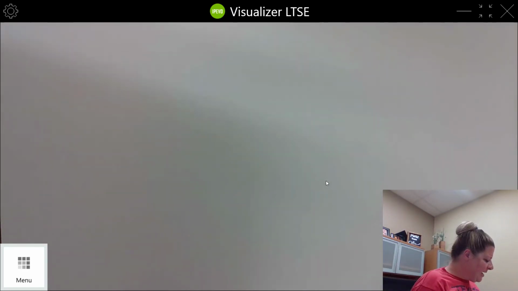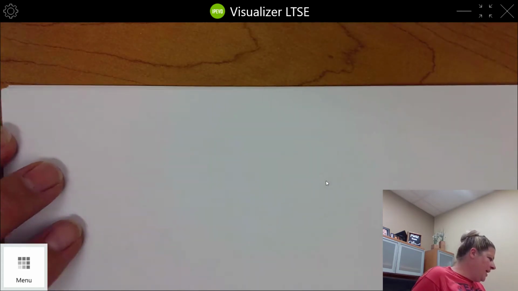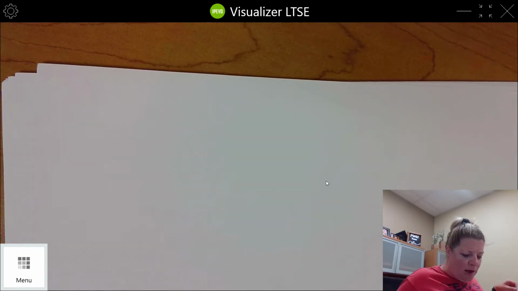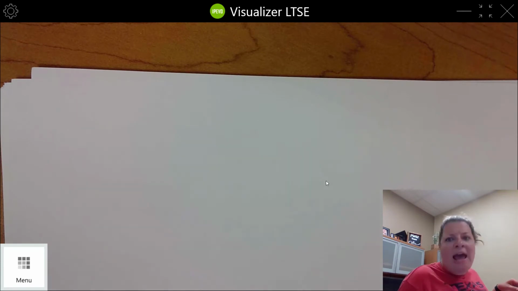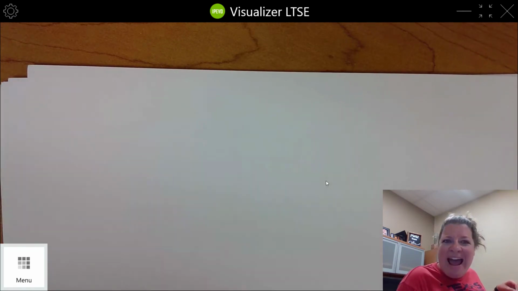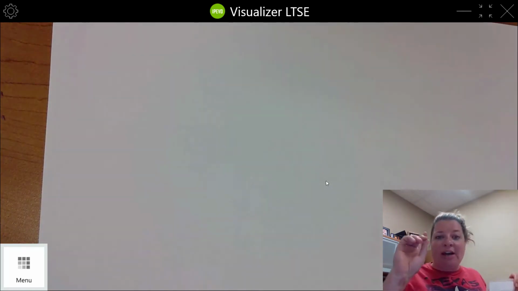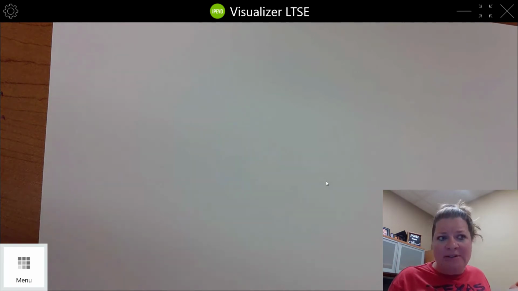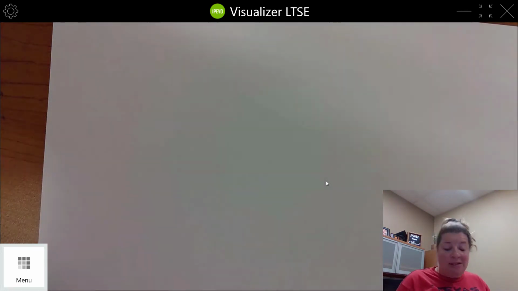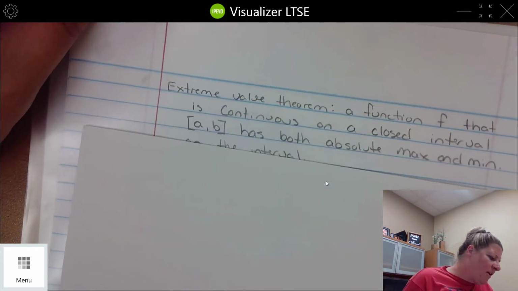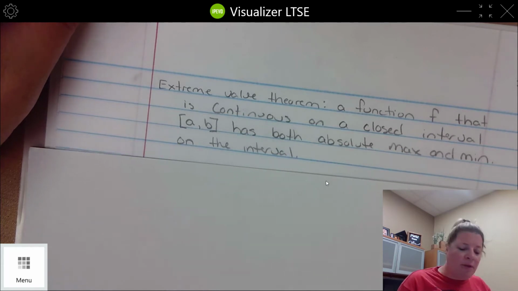So basically, when we do these problems, we are going to look for those critical values and we're going to look for endpoints. So we check critical values and endpoints and we see which one's the lowest or highest, and that will give you your absolute max or min. And if they don't exist, then you won't have one. But this is our extreme value theorem.